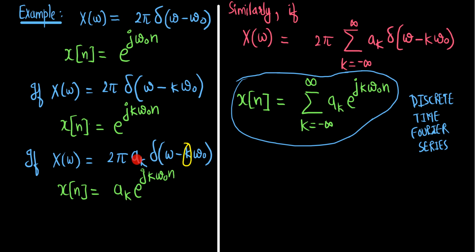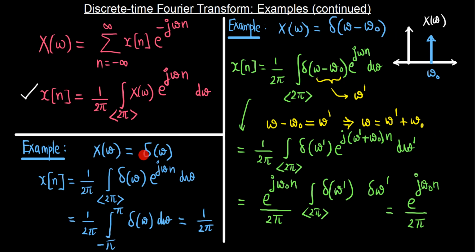Again, the scalar, that is a_k, is going to be retained here. So we can see the evolution. First we have taken a simple impulse, and we have seen what is the time domain expression. We have seen the shifted version of the impulse in the Fourier domain, and what the time domain expression is going to be.